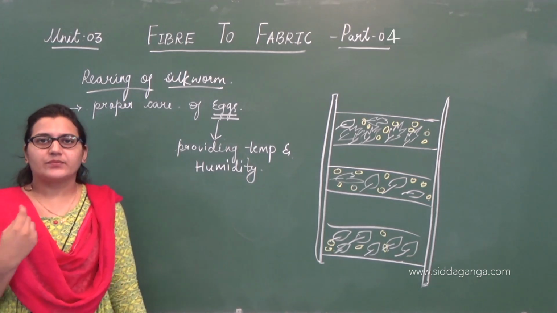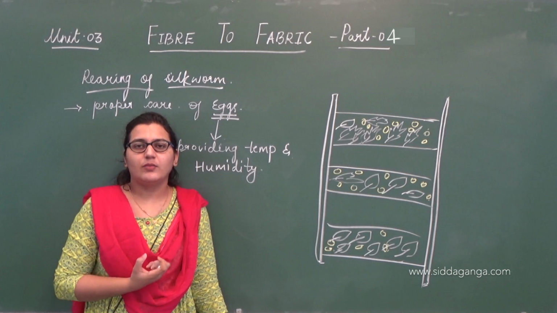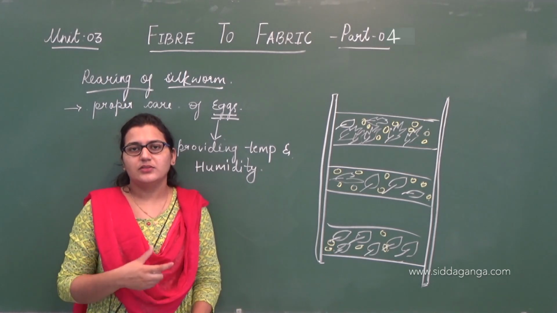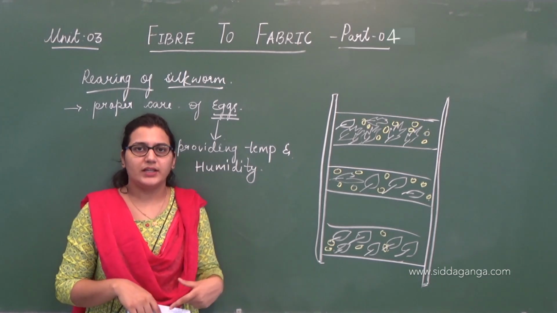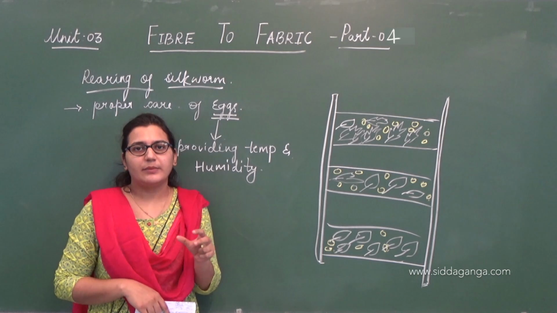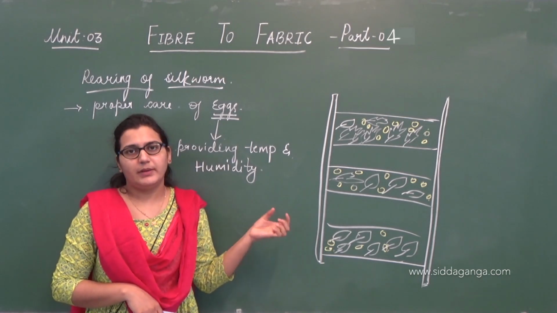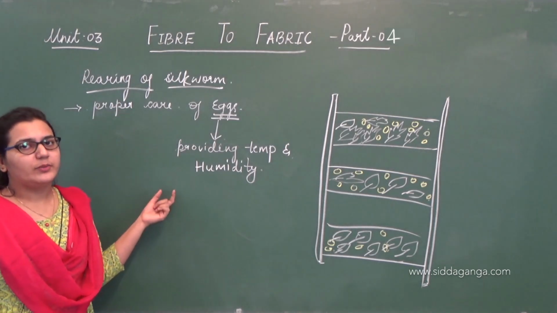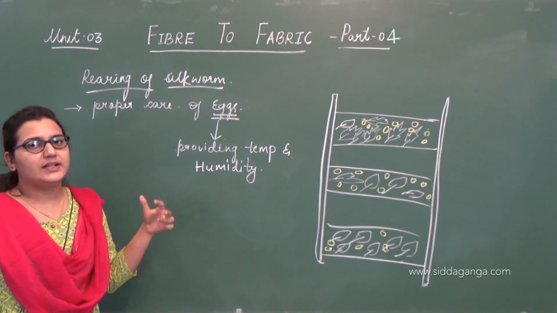These eggs and worms need a required atmosphere to hatch in a good way, so we have to provide a proper temperature, not too low, not too high. It affects them. So a proper temperature and humidity should be maintained, and of course hygiene also. We have to keep the eggs very clean.